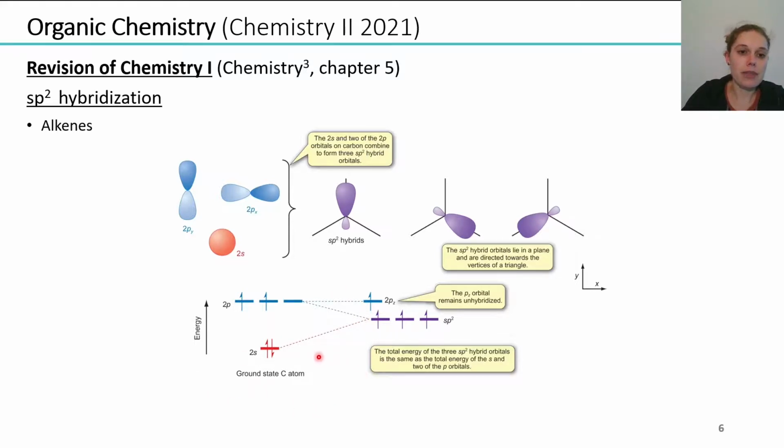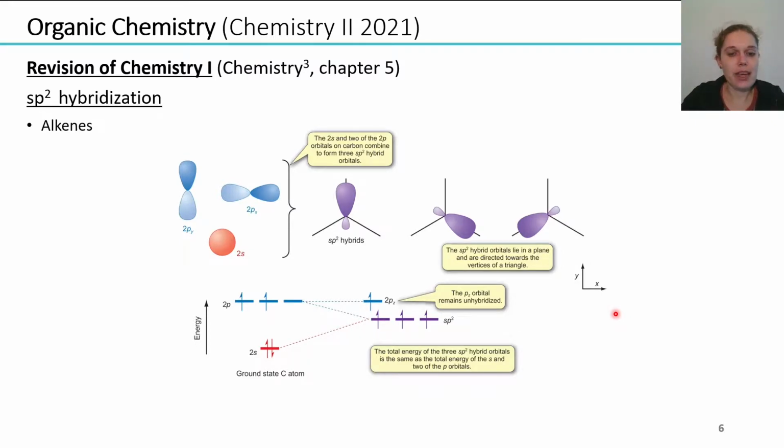So we have again a filled s orbital, and then 3 p orbitals, whereby only 2 orbitals are filled. And then we have this interaction to form the hybrid orbitals, the sp2 hybrid orbitals, and the 2pz orbital remains unhybridized. So we just draw a horizontal line, and the energy of this orbital will not change.